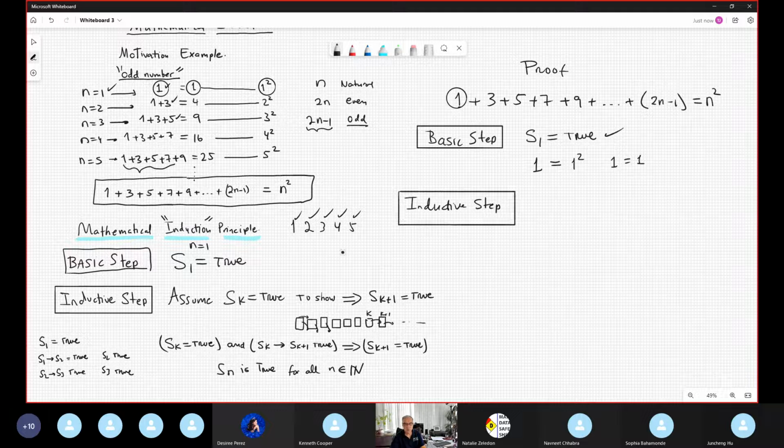You assume S sub k, completely arbitrary in the middle here, k. You assume this. Okay, how do you represent this idea? Well, easy. You copy exactly the same equation: 1 plus 3 plus 5 plus 7 plus 9 plus and so on, but you put here not n, you put k, you put 2k minus 1 is equal to k squared. Suppose it's true. It's the same equation, why not?